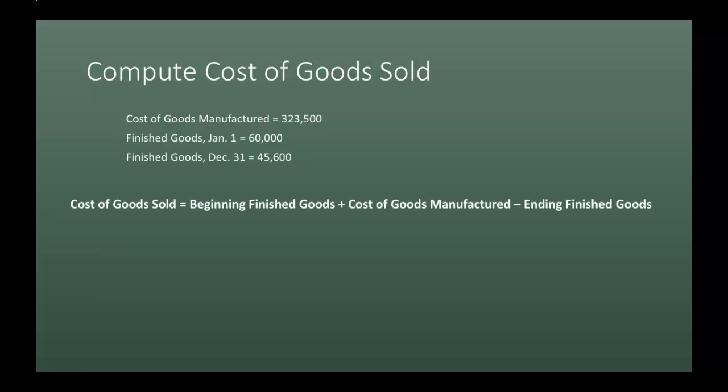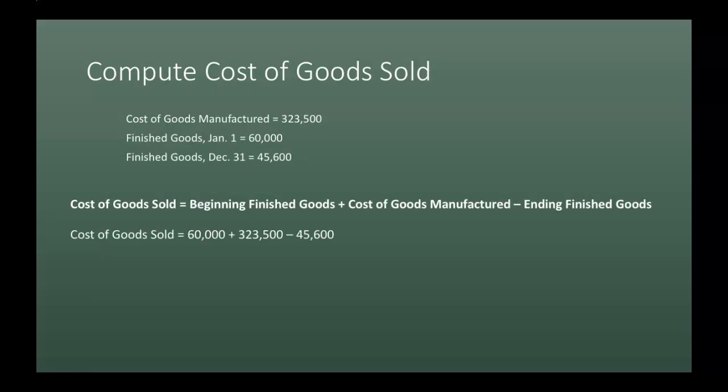So your cost of goods sold, you can calculate this by taking your beginning finished goods, so your finished goods on January 1st, adding in your cost of goods manufactured that you just calculated, and then we subtract our ending finished goods, the finished goods from December 31st.